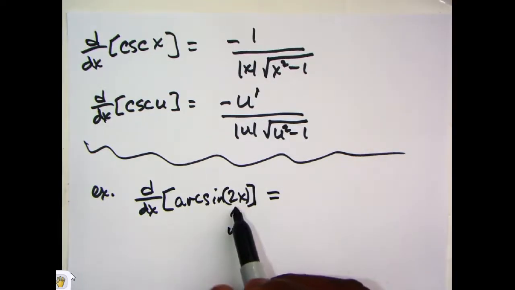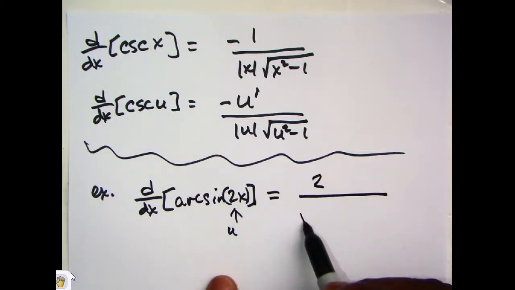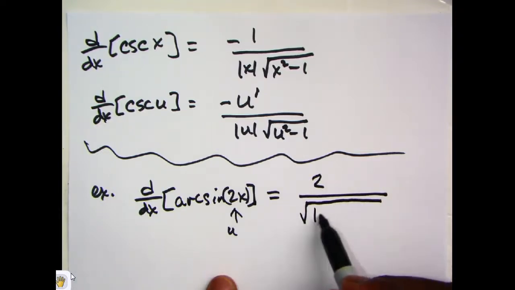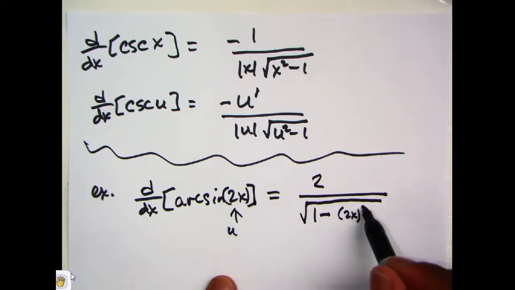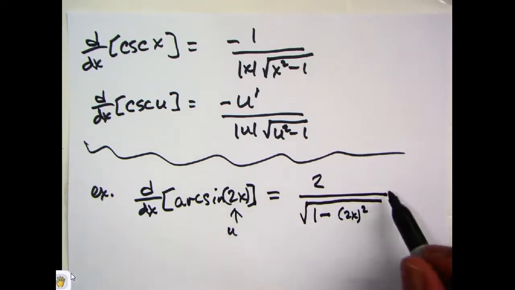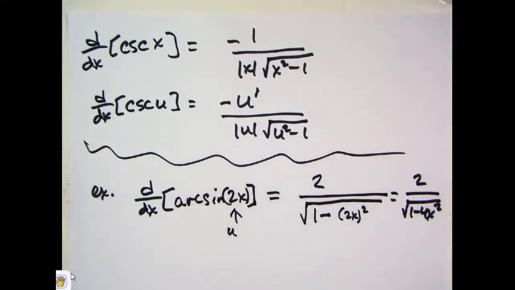So if this is our u, u prime would be 2 divided by the square root of 1 minus u squared, or 2x squared. So that would give us 2 divided by the square root of 1 minus 4x squared. That would be our answer. Just keep in mind that tomorrow, when we do the integrals of inverse trig functions, we're going to start here and try to get back to here.